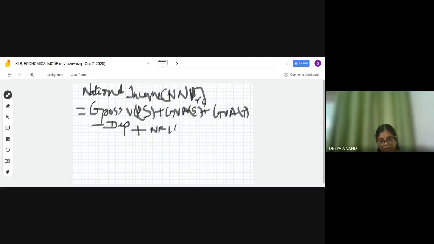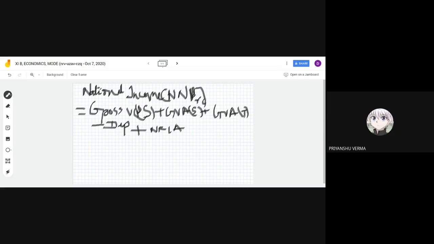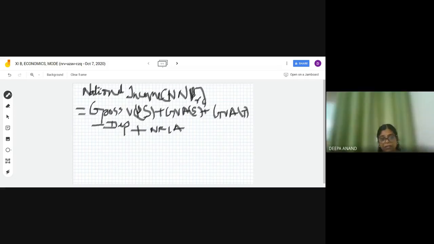Then what is left is to convert MP to FC. You have to convert market price to factor cost, so what you will write? Minus net indirect tax, NIT. So this is the formula. You just keep in mind this formula. You can do any problem.